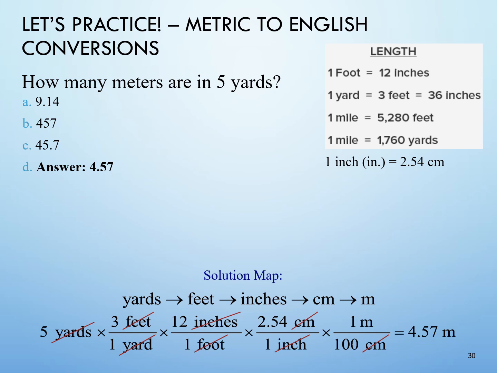So how many meters are there in 5 yards? I would go from yards to feet, and then 1 foot to 12 inches, and then from 1 inch to 2.54 centimeters, and then from centimeters we convert to meters, okay?